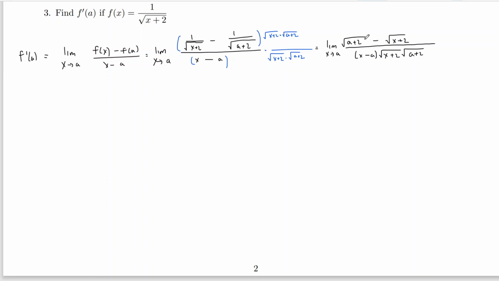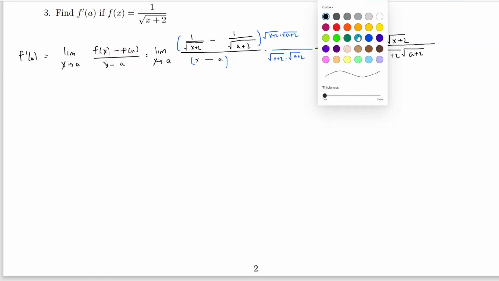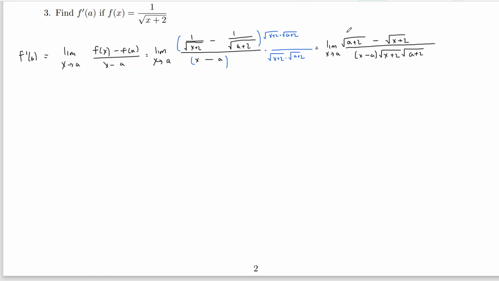So what do we want to do now? Well, that's what we hoped to do in the first place, which is rationalize and simplify. If we want to get rid of the radicals here, which is our goal, we want to go ahead and multiply by what we rationalize by, and we just change the minus to a plus.